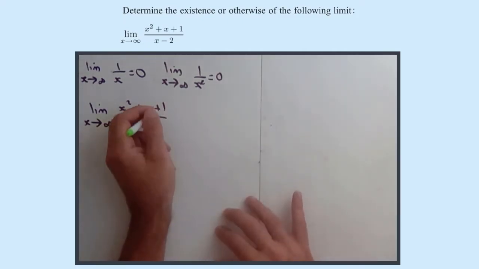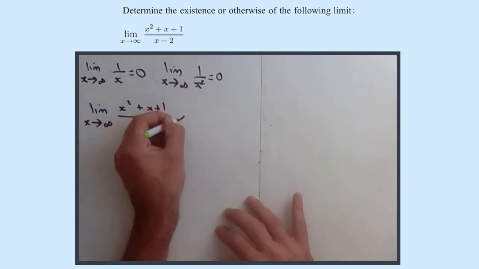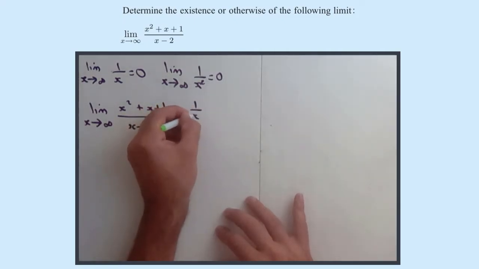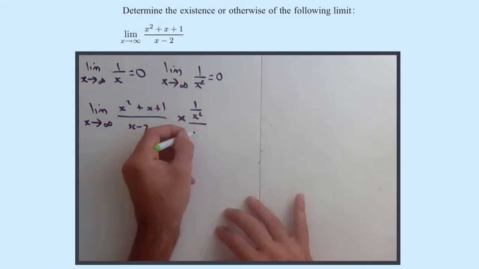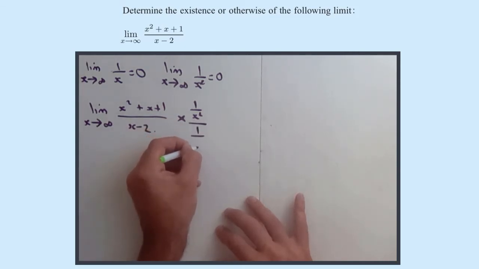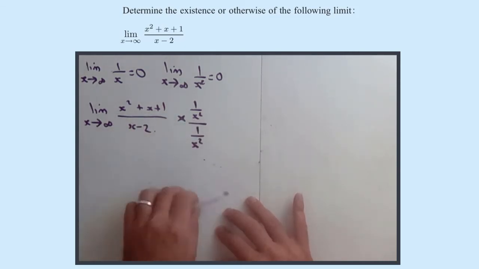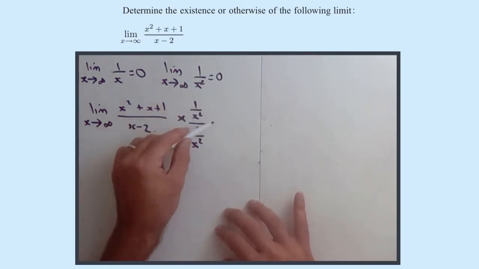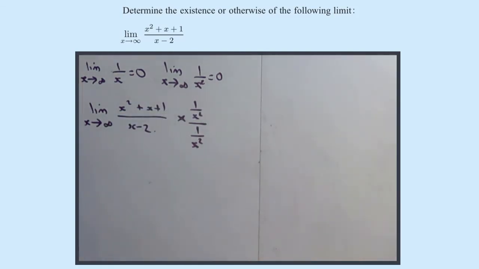So we take the numerator and the denominator and multiply them both by 1 over x squared. We're multiplying this whole thing by (1 over x squared) over (1 over x squared), which has a value of 1, which is crucial because it doesn't actually change the value of the function that we're trying to find the limit of as it approaches infinity.